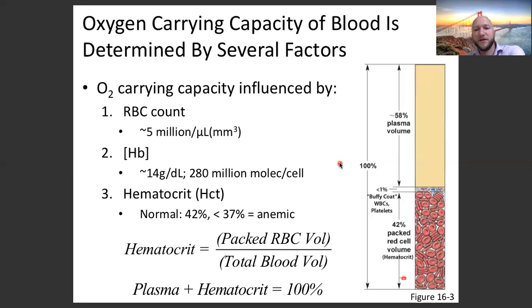That's hematocrit. What percentage of the whole are red blood cells? And that number does vary. Normal is around 42%. Anything below 37% is considered anemic. Know this number. Anything 37 or below is anemic.